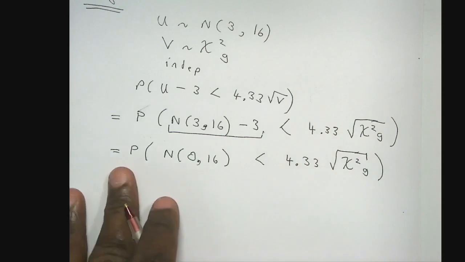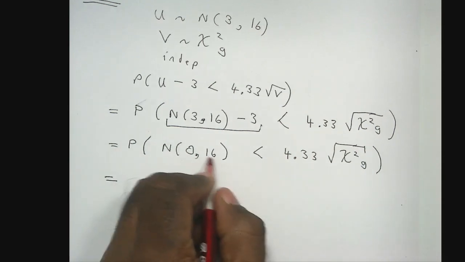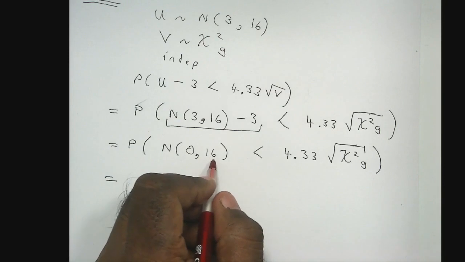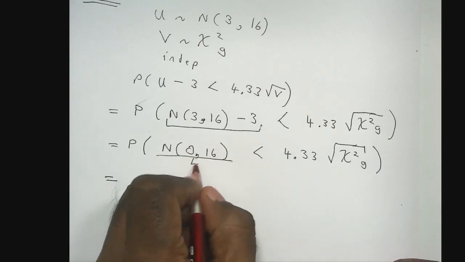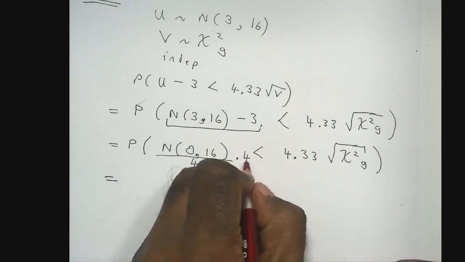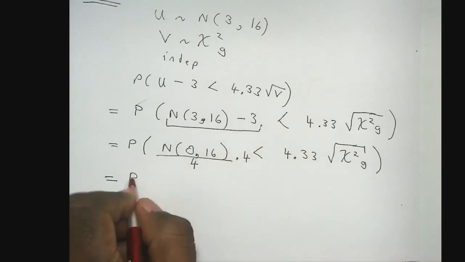Now, how do you get rid of the 16? In order to get rid of the 16, you need to divide by 4 and multiply by 4.